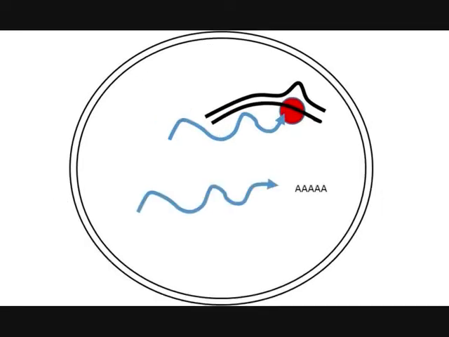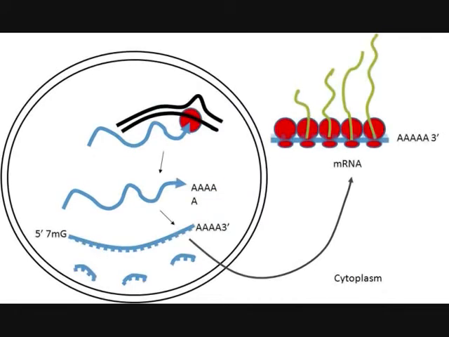Second step. Host cell modifies RNA by adding a 5' cap and 3' polyadenine tail, removing any introns. Introns are non-coding sequences.